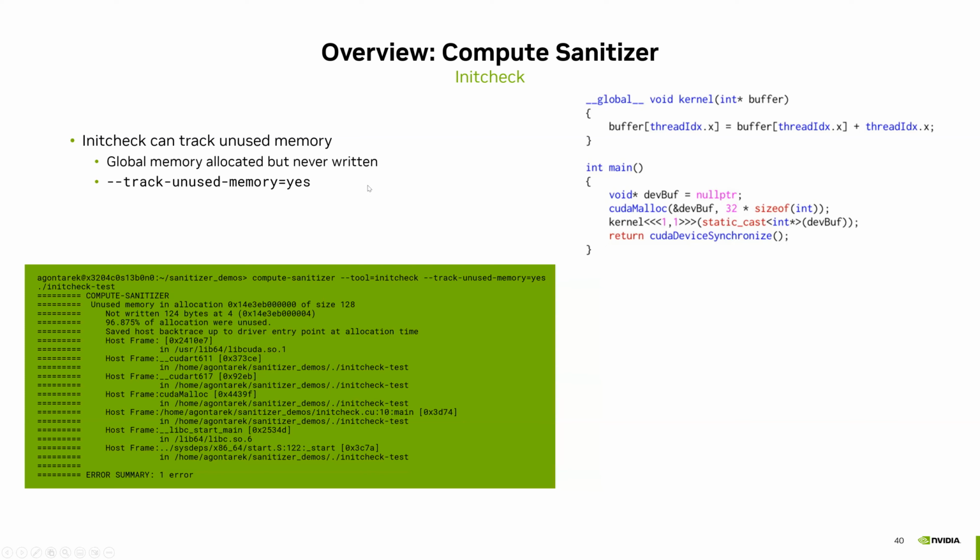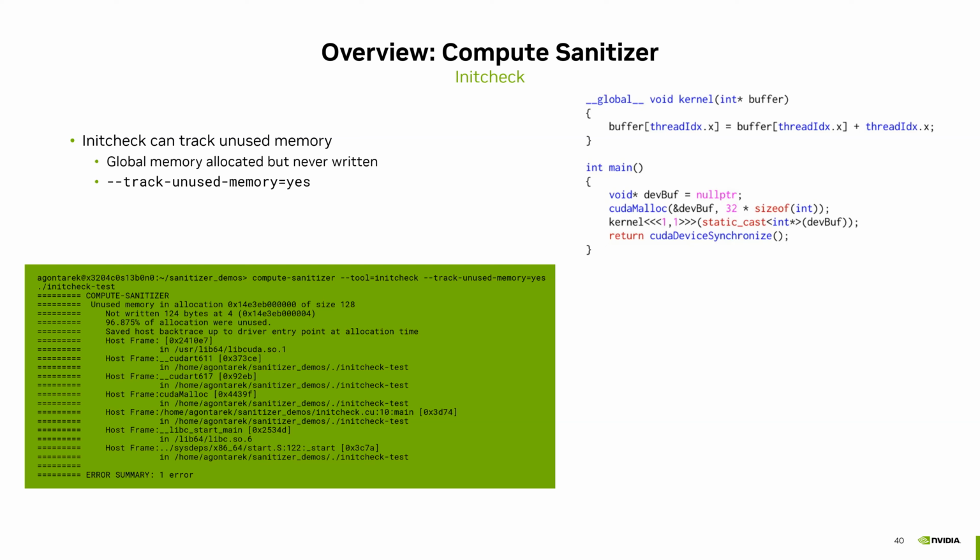Another useful part of initcheck that you can use is you can track your unused memory allocations. What I mean by that is global memory that you've allocated but never actually written to. If you pass the track unused memory option equals yes, we will track that allocation. You can see on the upper right, again, it's the same code as before.